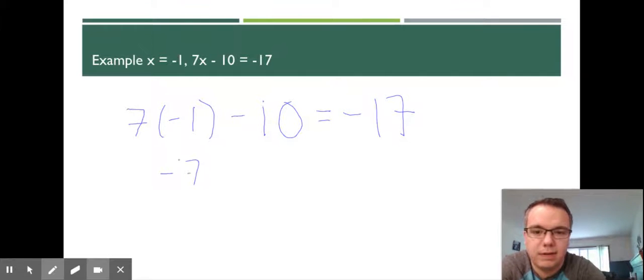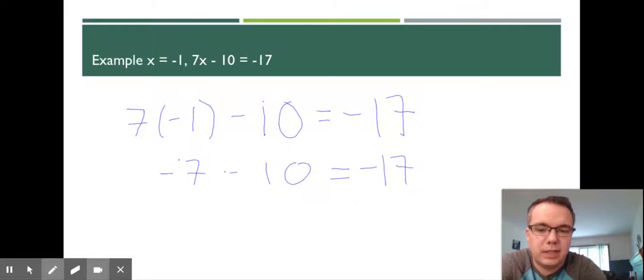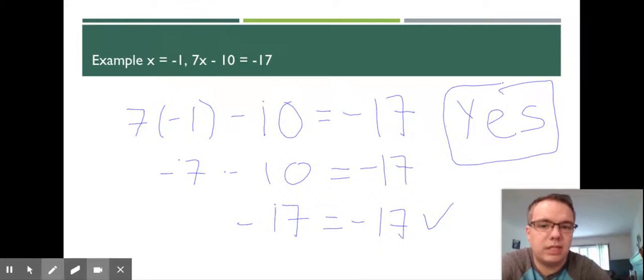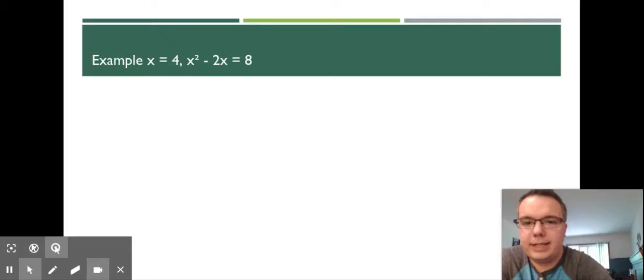That's negative 7. And negative 7 minus 10 is negative 17. And is negative 17 equal to negative 17? It is. So is negative 1 a solution to 7x minus 10 equals negative 17? Yes, it is.